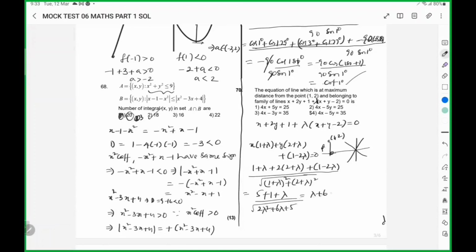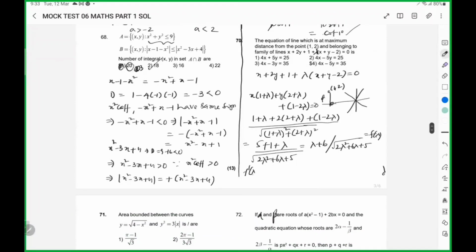So lambda plus 6 by, this is a function of lambda. F dash lambda will be into 1 minus, here it is 4 lambda plus 6 is equal to 0.